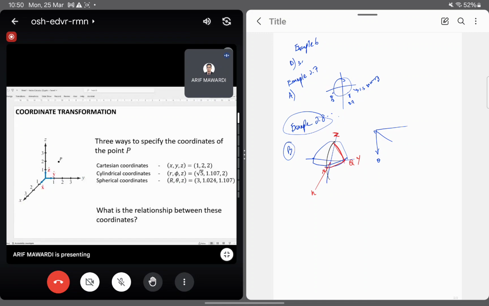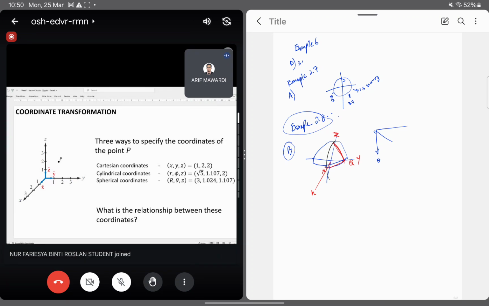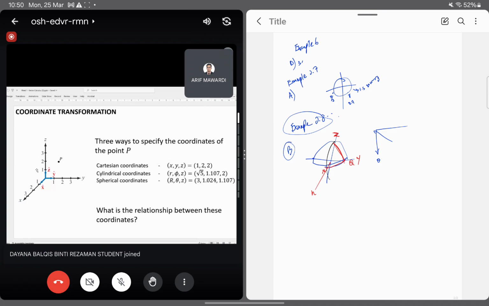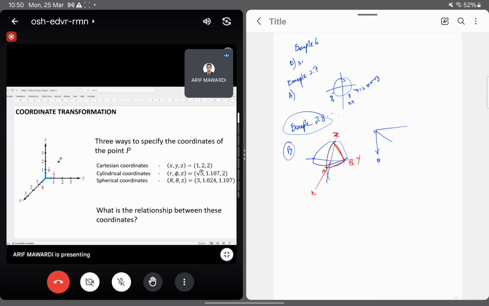Okay, so now, as I mentioned earlier, what is the purpose of this coordinate system? The purpose of this coordinate system is we want to specify the coordinates or the location of a point in space by specifying its coordinates.